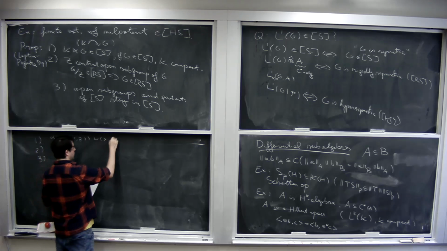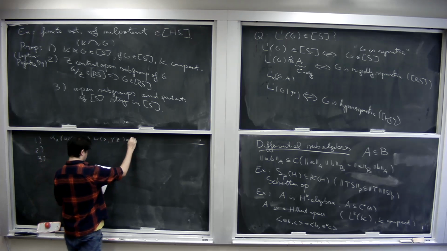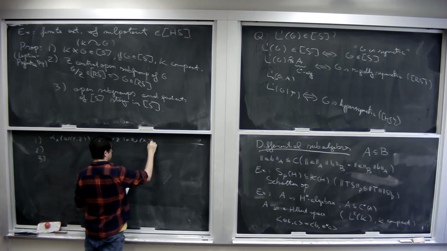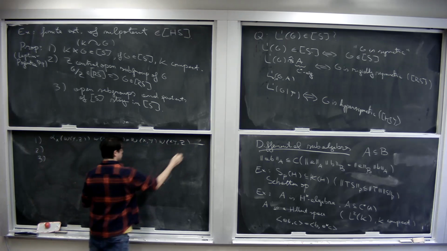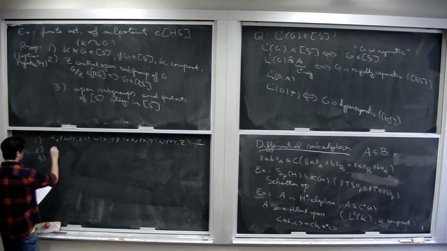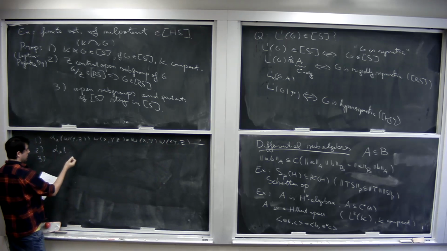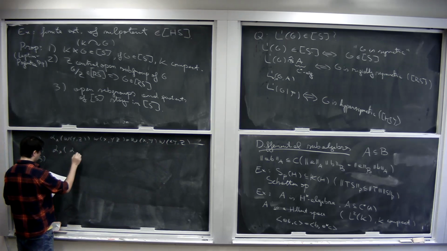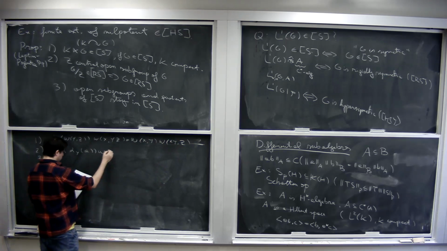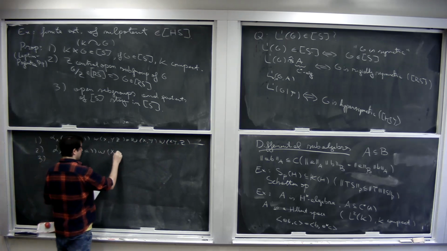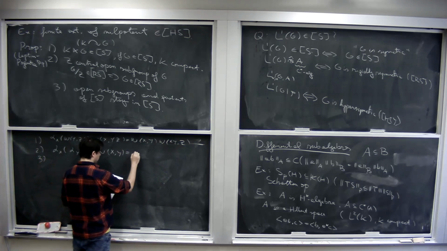Also, alpha kind of resembles an action, but twisted by a cocycle, by this cocycle. So if we have a cocycle, everything is nice.